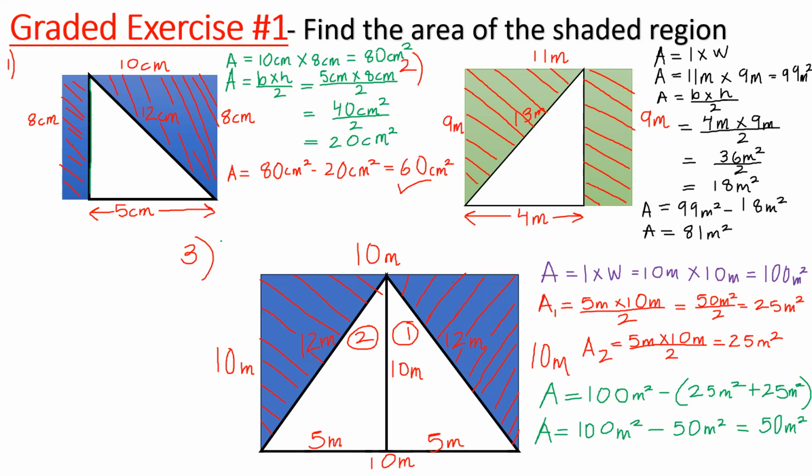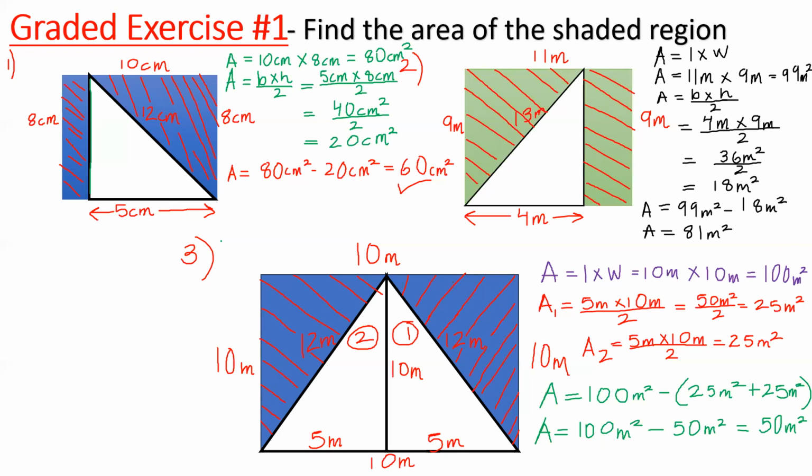Another way you could do it is multiply by 2. So you could do 25 multiplied by 2 because it's two triangles with the same dimensions, and then subtract that from 100. I never thought of that. I really just look at it, and I say it's the same, so I do the same method, and I got my answer.